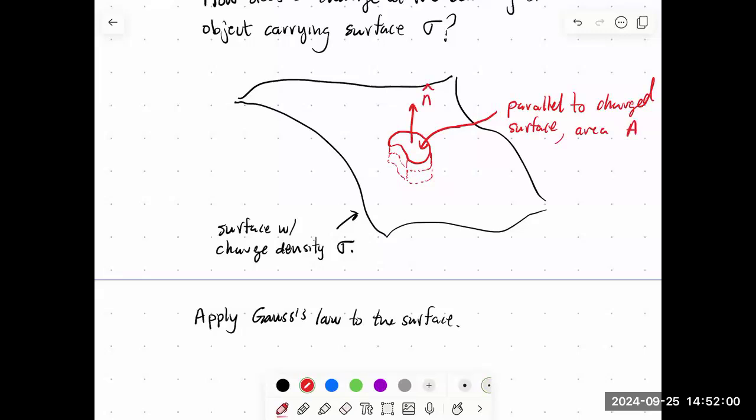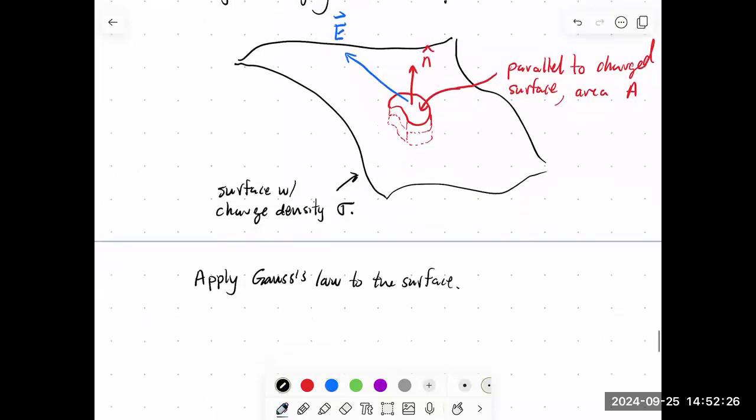We're going to imagine that we have some electric field due to this charged sheet, and maybe that electric field is pointing off in some direction like this. I'm going to put it over here where I have more space. So there's my electric field. When we do Gauss's law, we're going to have to evaluate this kind of integral where the dA vector is dA times this n hat.